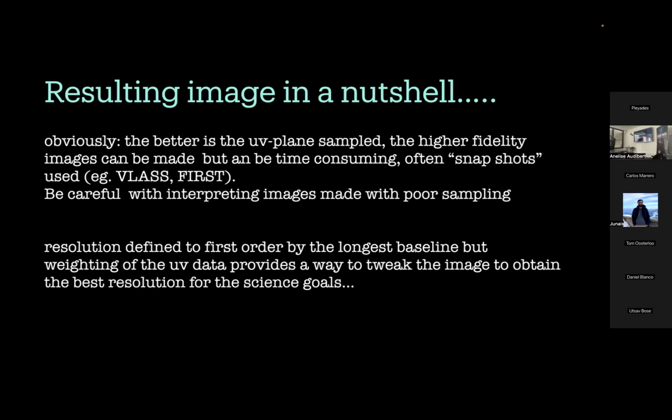Because if I give more weight to the longer baselines, the PSF will be a little bit smaller. Or I give more weight to the shorter baselines, so I pump up the large scale, faint, low surface brightness emission. So there's something called weighting, that I can tweak, in a sense, the image by changing the resolution and the noise level to what I'm interested in.